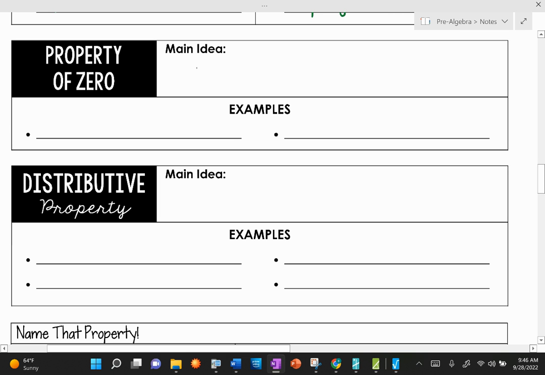Property of 0. Property of 0 means anything multiplied by 0 equals 0.